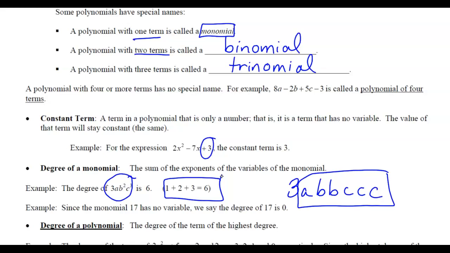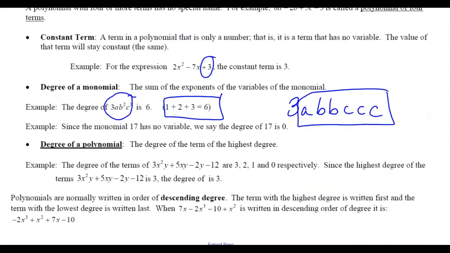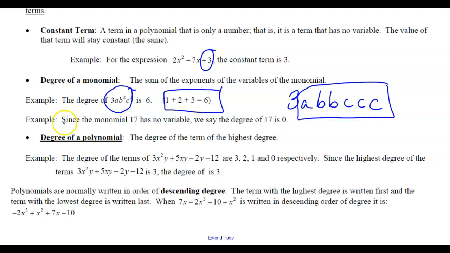So how do you get the degree? You look at the exponent on each of the variables that are multiplied together and you add them together. You don't change the term at all, the monomial, you're just stating the degree. So the degree tells you how many variables are multiplied together. Now, just a note here, if it's just a constant term, it's degree 0.